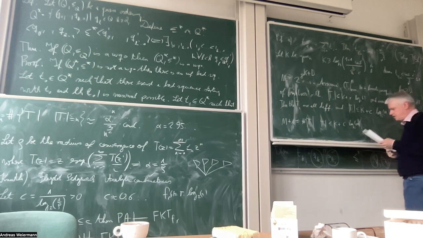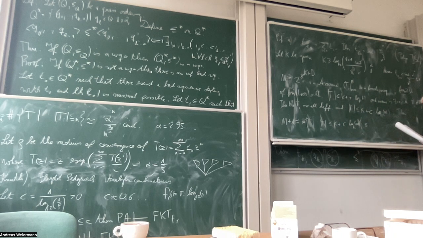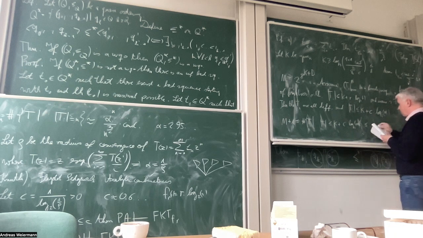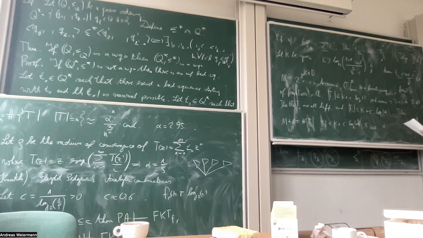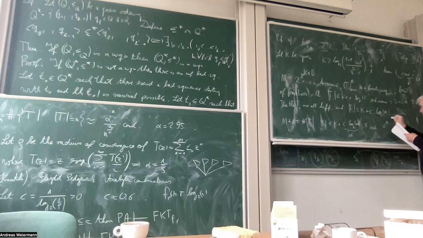Now here we have the tree counting, so constant times alpha to the power, call it m prime, times 1 plus 1.